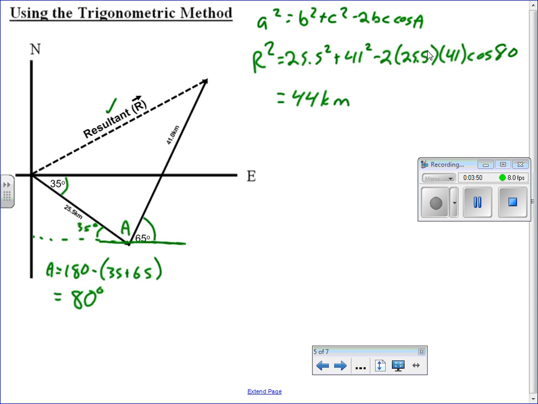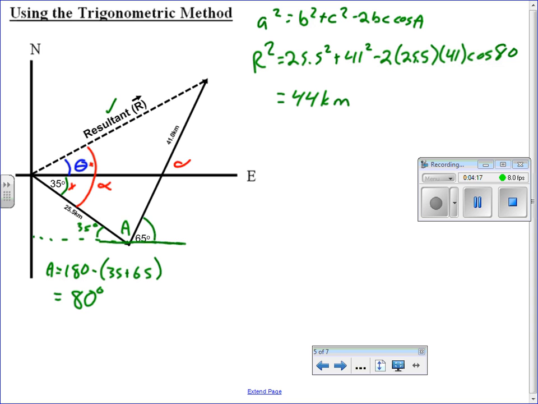Step 2 is to figure out what the angle is for the resultant vector. Let's call that theta. The only way we can get to theta is if we can figure out this angle here. Call that alpha. Because alpha is 35 degrees plus theta.